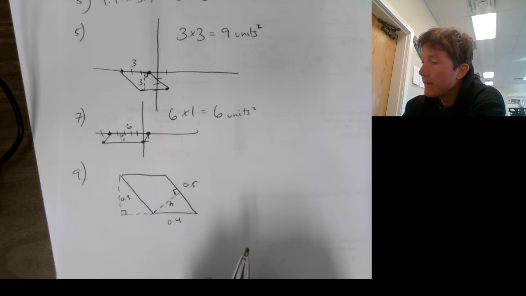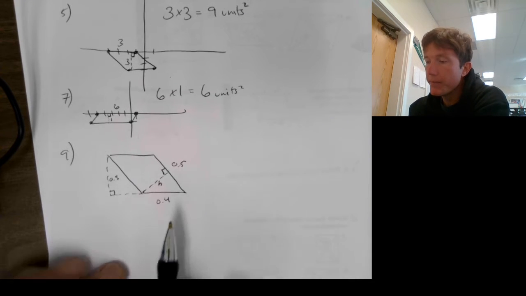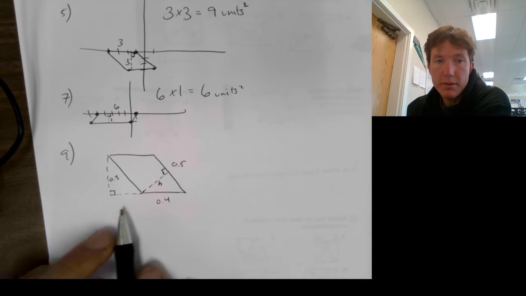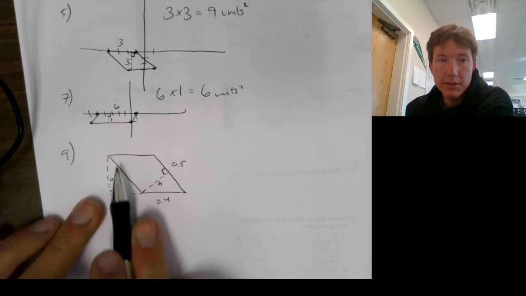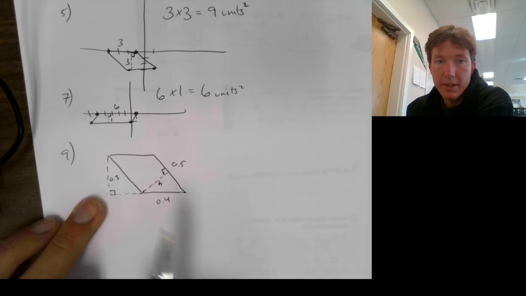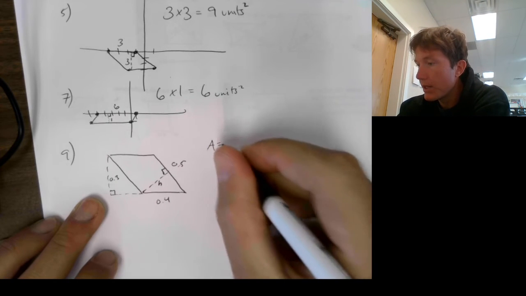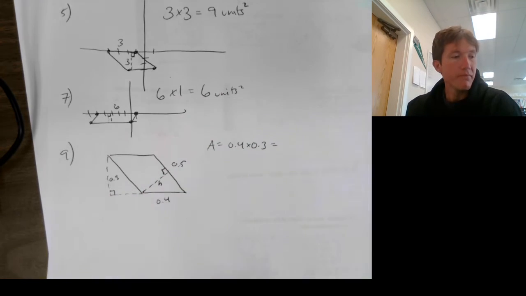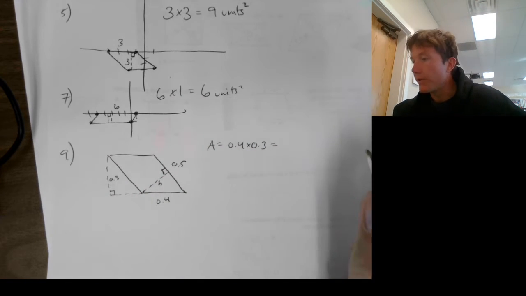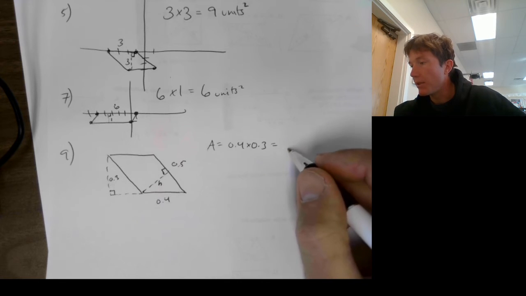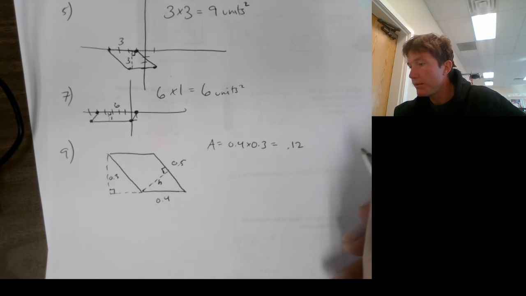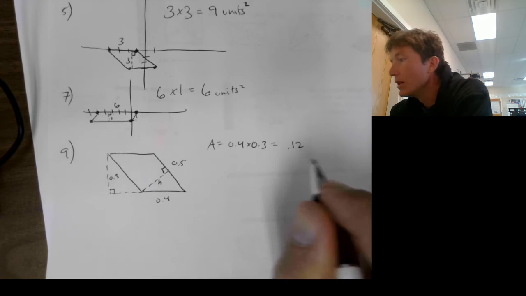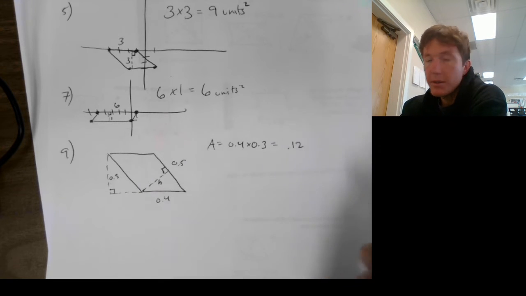So the base and height that I do know is 0.4, and the height, which is the altitude from that base, is 0.3. So let's figure that out. So this guy has an area of, let's see, that's going to be 0.12. So our area is 0.12.